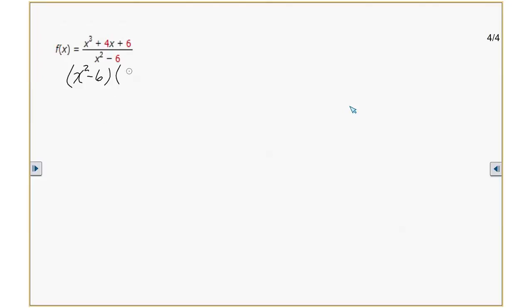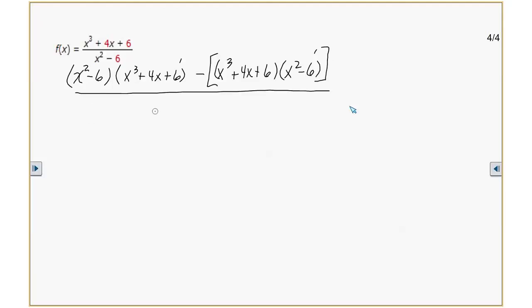Times x cubed plus 4x plus 6 prime, minus the numerator times the denominator prime, all over the denominator squared.